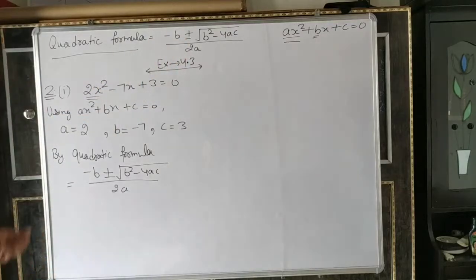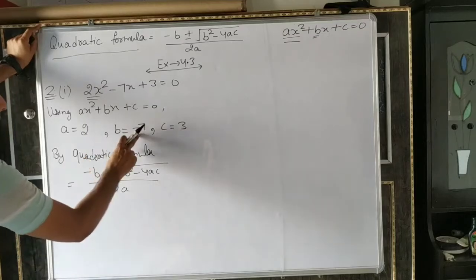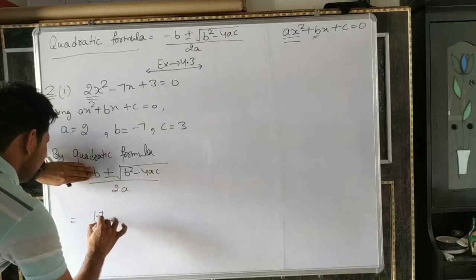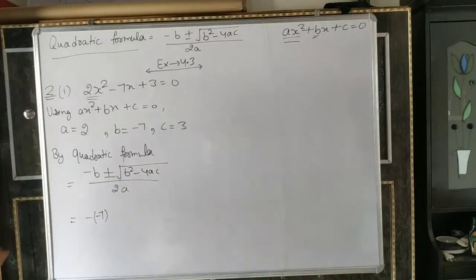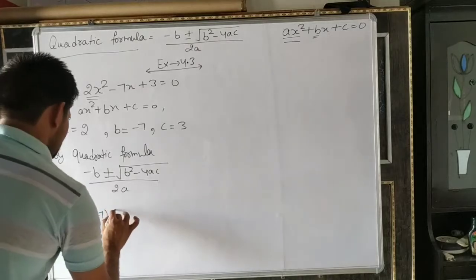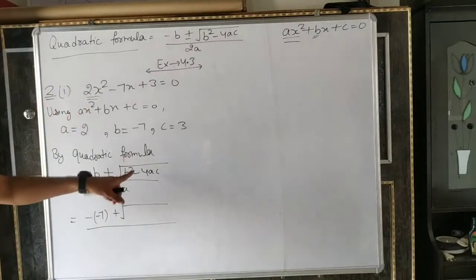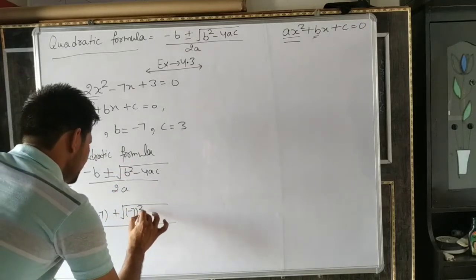Look at minus b. B is how much? -7. The value of b is -7, but we need minus b, so we will use one more minus sign. Plus or minus under the root, what is b square? B is -7, squared.